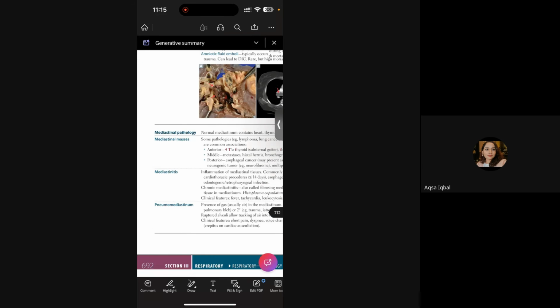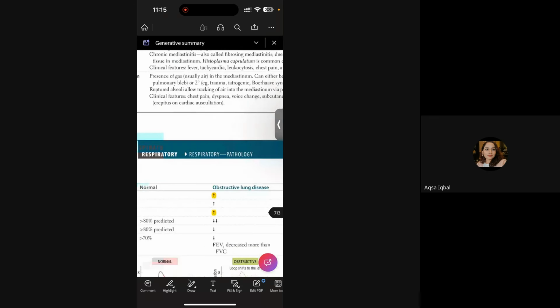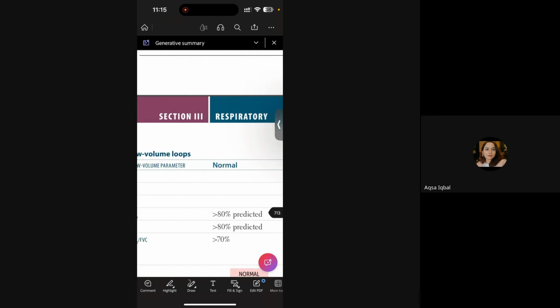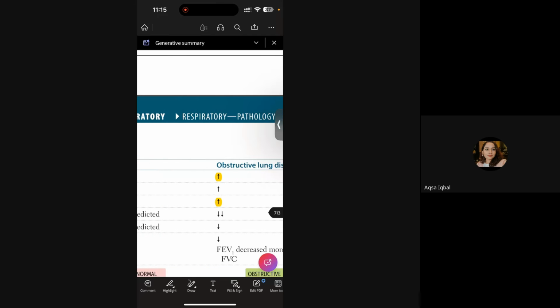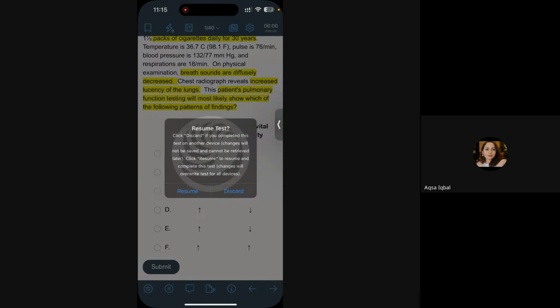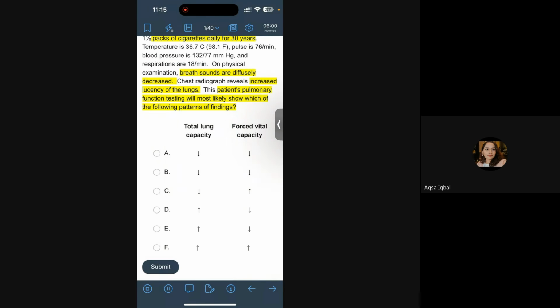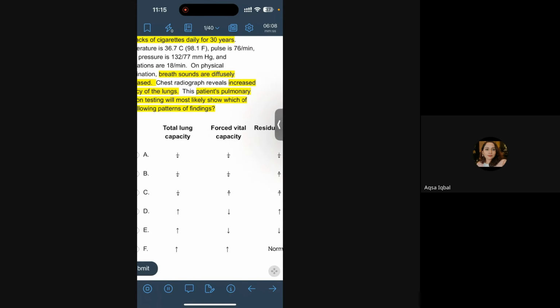Now coming to obstructive lung disease. In obstructive lung disease, we know that residual volume increases, functional residual capacity increases, and TLC, total lung capacity, also increases. So options A, B, and C are not the right answer because in all of these the lung capacity is decreasing. Forced vital capacity: is it increased or decreased?